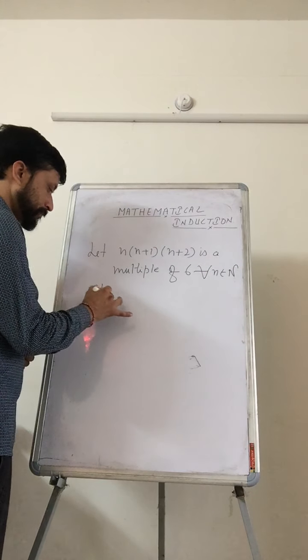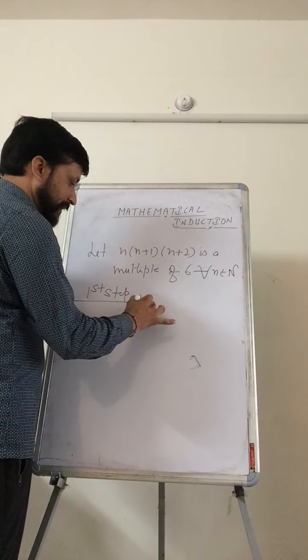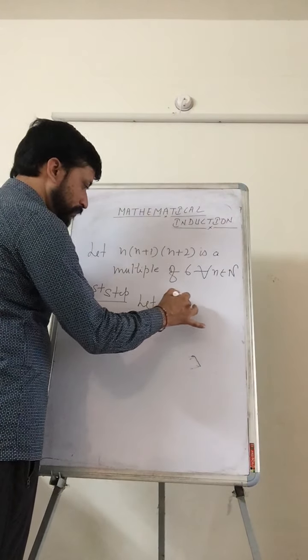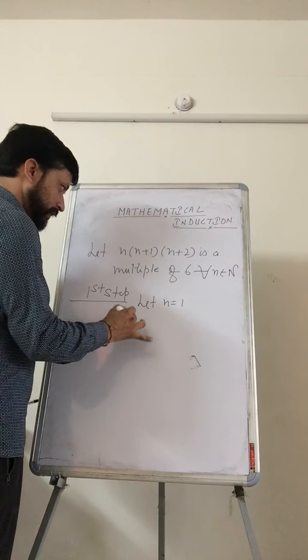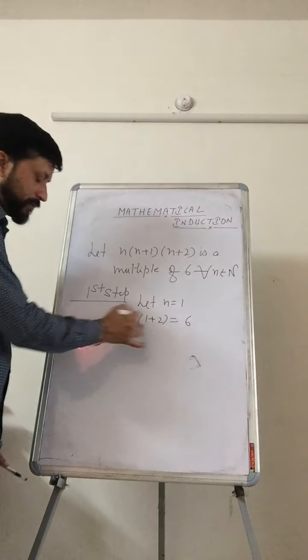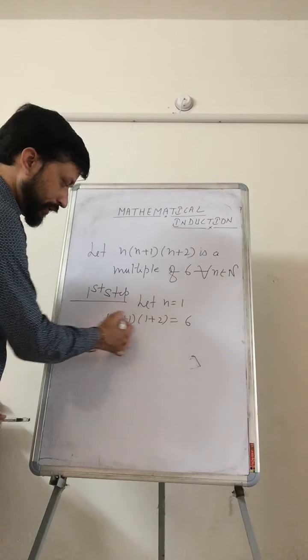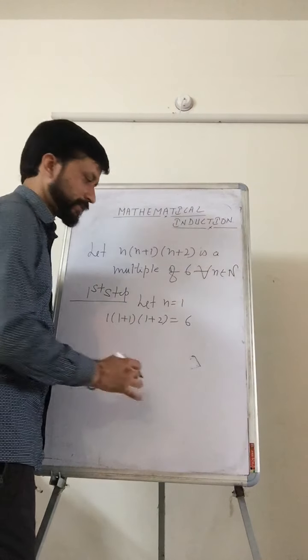First step, let n equal to 1 and then put here 1 plus 1 plus 2 equal to 6. If you simplify 2 into 3 into 1, that is 6, and it is a multiple of 6.